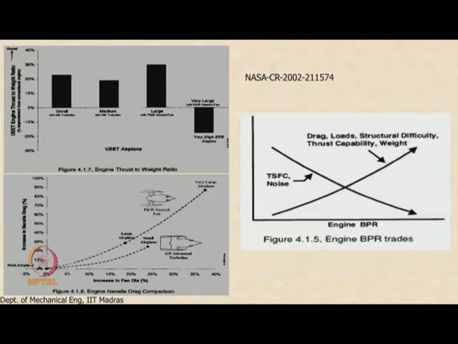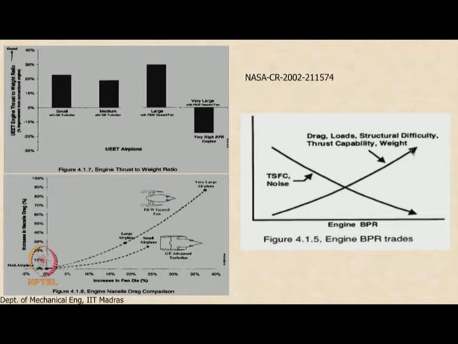The very large bypass ratio engines cannot be mounted below the wing. So, they have to be mounted above the wing or on the tail or on the fuselage. That becomes a challenge in itself because the engine is much heavier than the large bypass ratio engines. Okay, so, that poses a lot of structural challenges.